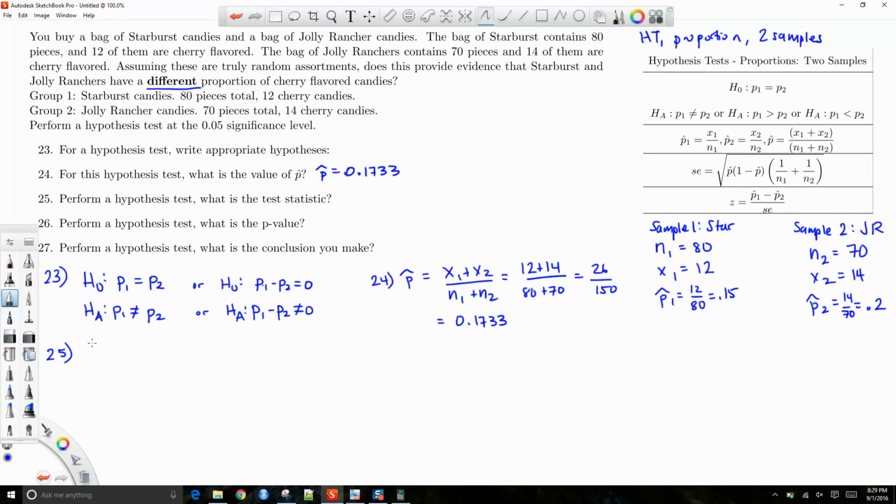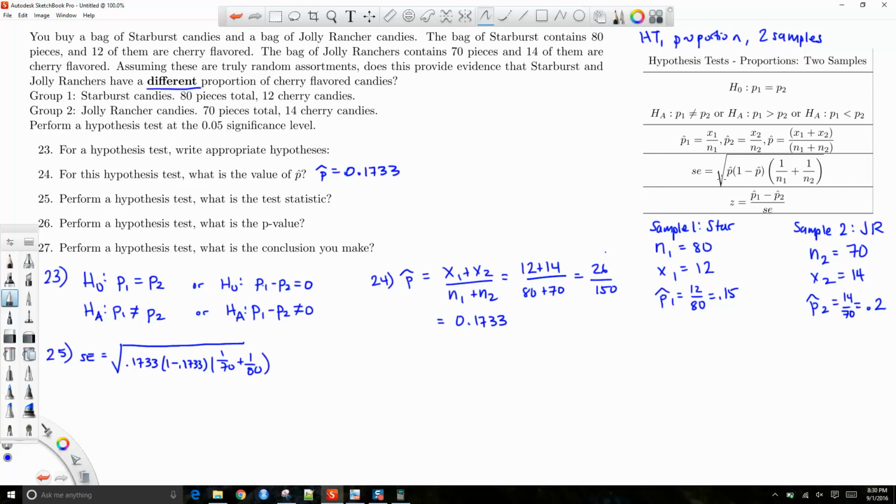For a hypothesis test, what is the test statistic? Okay, so we're going to have to get our standard error, which is P hat times 1 minus P hat, so I'm going to have 0.1733 times 1 minus 0.1733 times 1 over 70 plus 1 over 80.